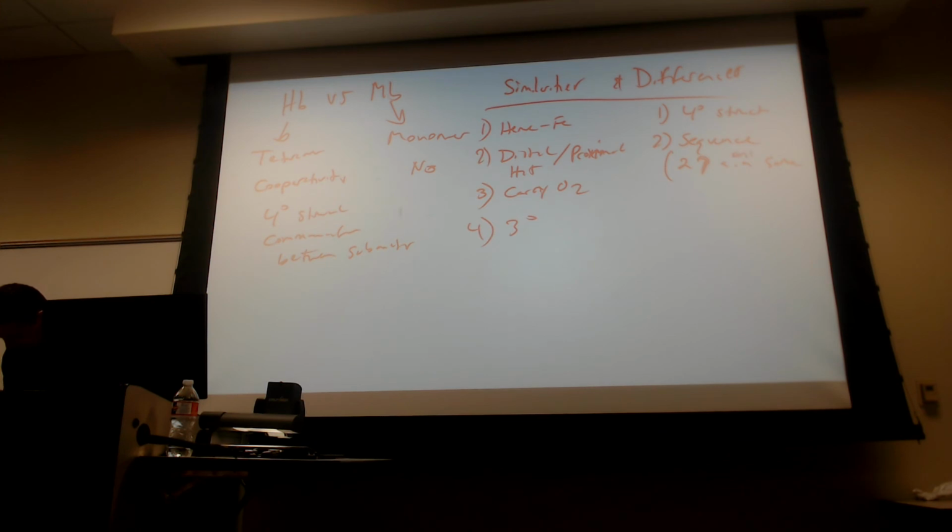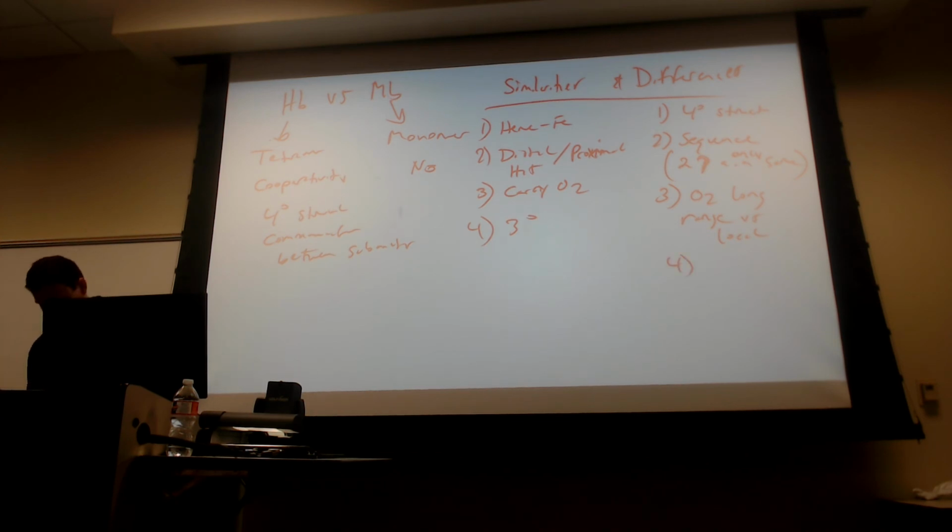So sequence is different, quaternary structure is different, and what they do is different: how they deliver oxygen, long range versus local. Hemoglobin's the semi-truck, and myoglobin is the little transport car.